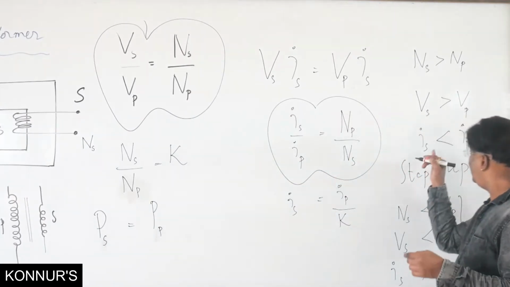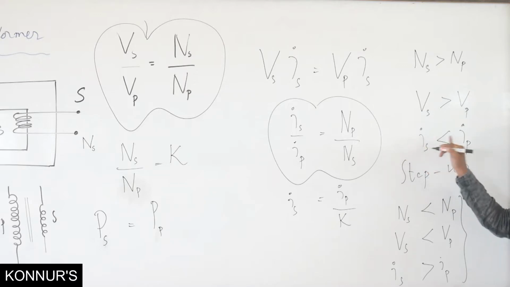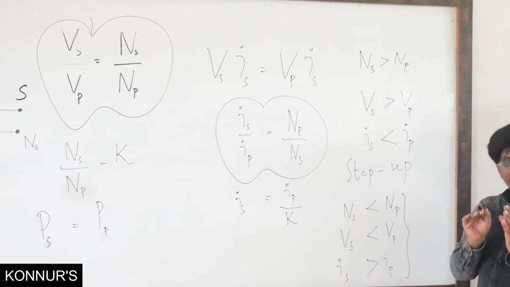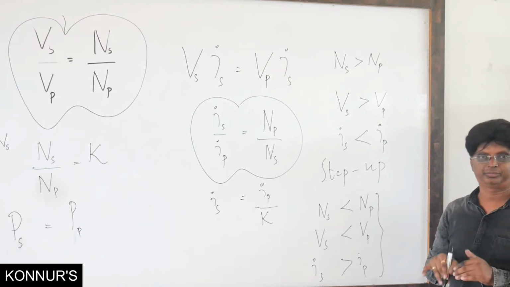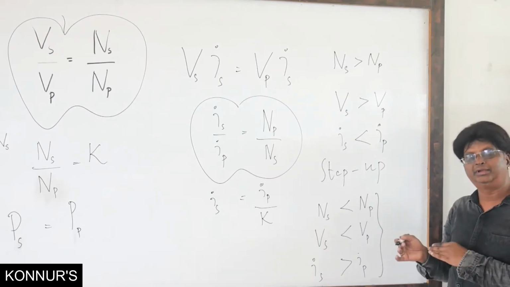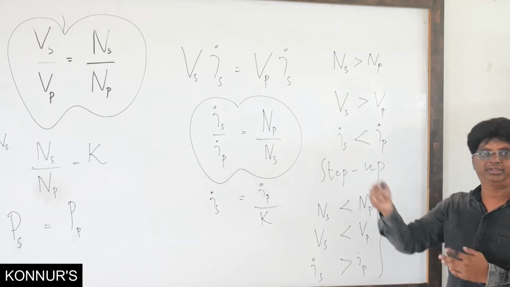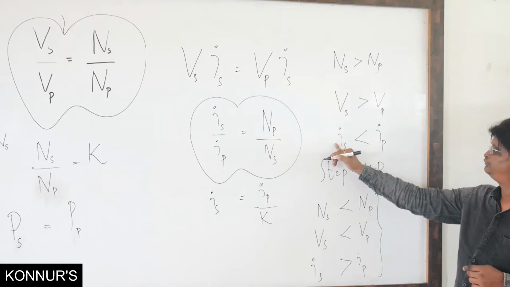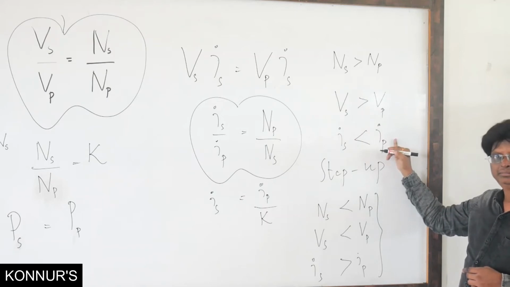If I say Is less than Ip, definitely there should be more resistance in the secondary coil and less resistance in the primary coil. So in the design and manufacture of that transformer, all these things have to be taken care of. It does not happen for whatever design that we make. More resistance in the secondary and lesser resistance in the primary.